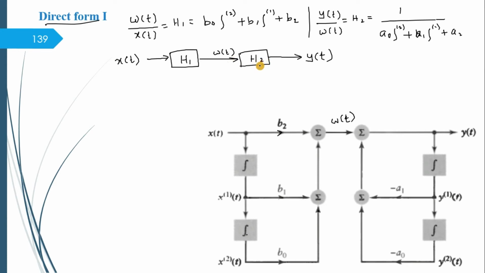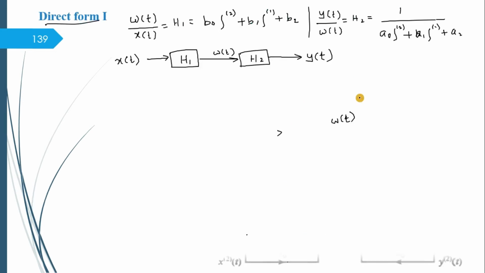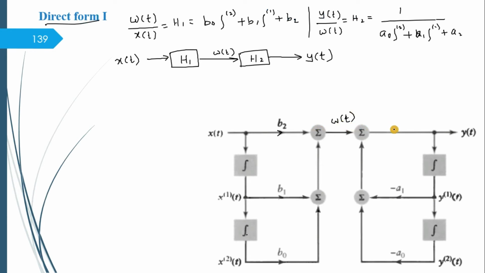In the second system, when you feed it, refer equation 2. So y of t is given by w of t minus a naught 2 time integration y of t minus a1 1 time integration y of t. Just here, w of t, feed it. There is no multiplication, or multiplied by 1, both mean the same. 1 time integration past value of y of t multiplied with minus a1.